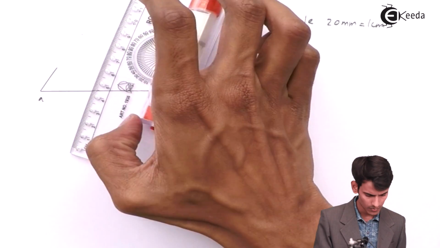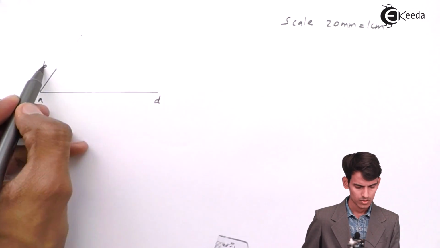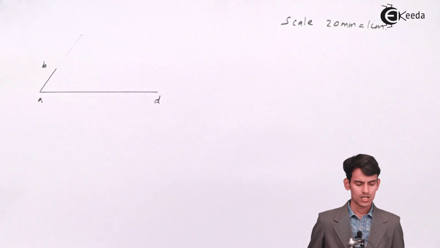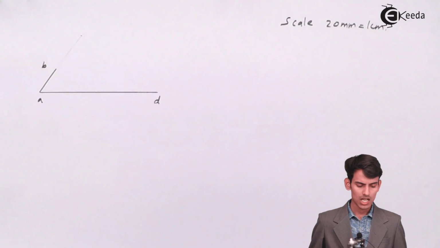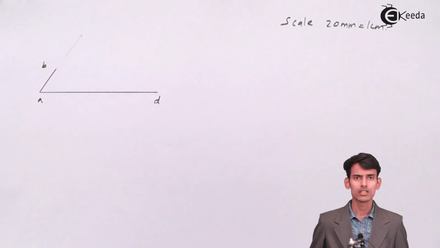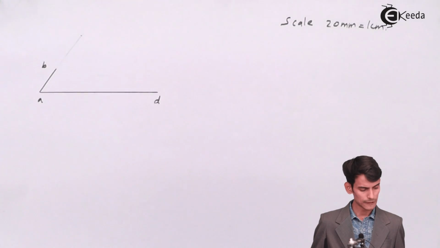Now we've got the point B. Next is the connecting rod. We have drawn the fixed link and the crank AB. It's a 4-bar chain, so there will be 4 links. We are already done with 2 links. Now is the link BC.